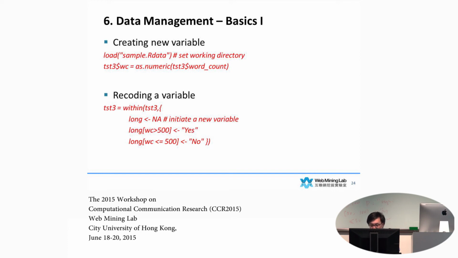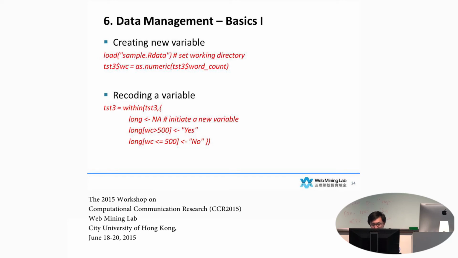The word count variable is a character. Though it looks numeric, actually it's a character. So we need to convert the string variable to numeric. Then we assign the value to a new variable called WC. So we use as.numeric, and here is the TST3 word count.